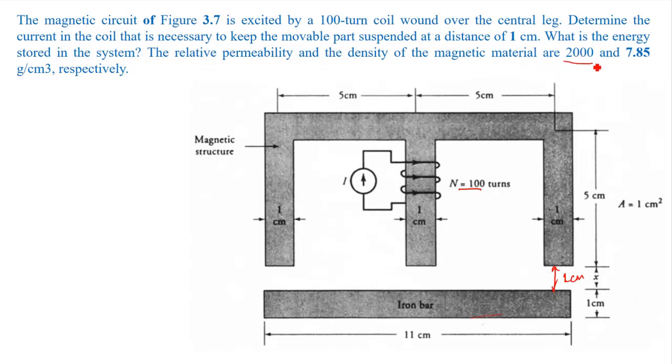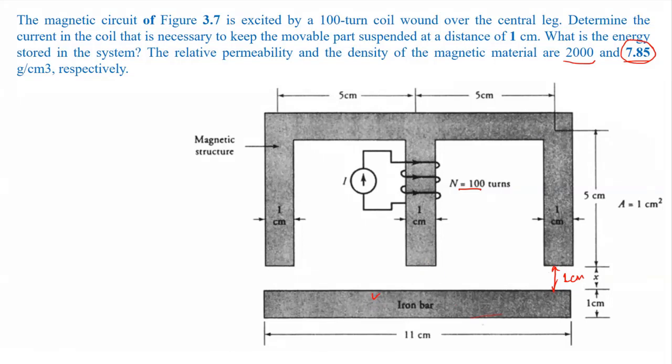This is your relative permeability of the material, 2000, and 7.85 gram per centimeter cube is your density of the material, right? So this density, in fact, is required to calculate the mass of this iron bar. We'll see how it is, right?